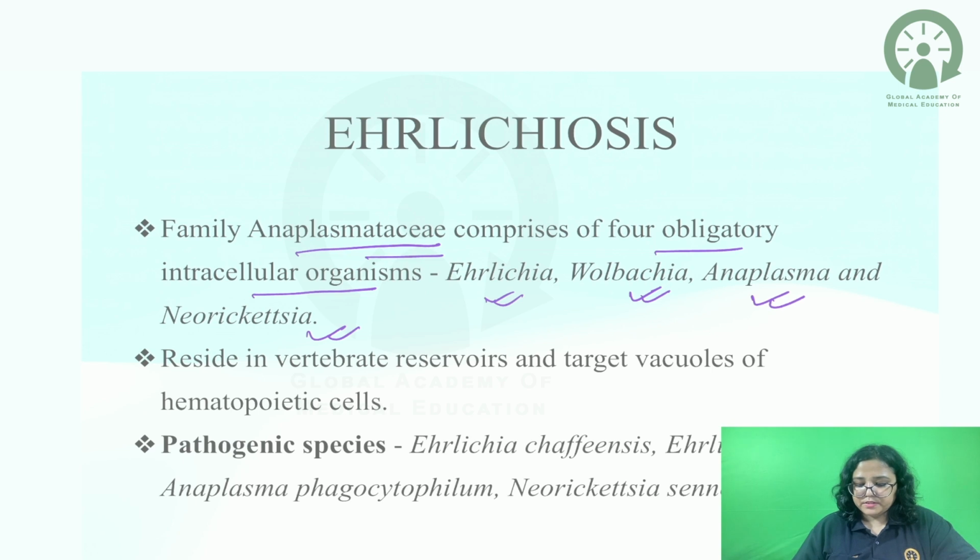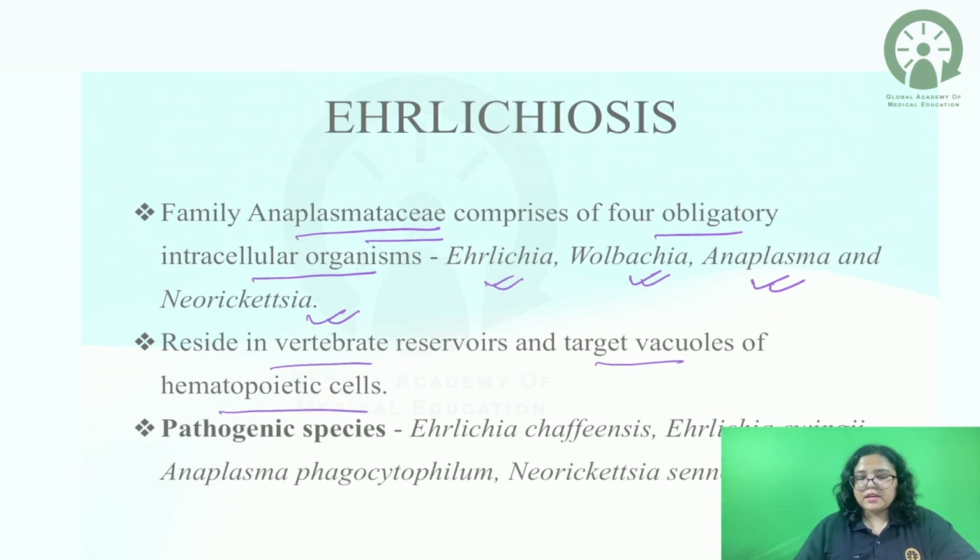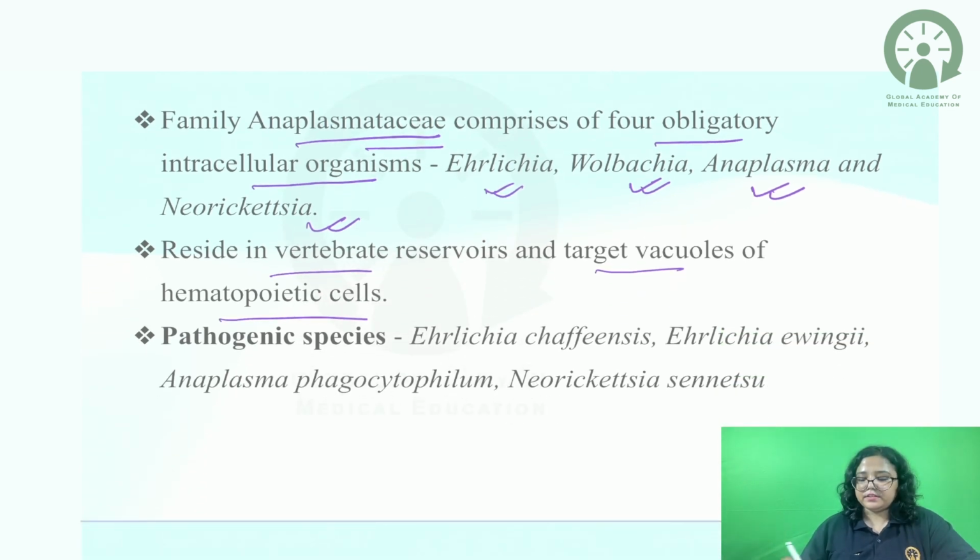The pathogenic species reside in the vertebrate reservoirs and target vacuoles of the hematopoietic cells. The pathogenic species are Ehrlichia chaffeensis, Ehrlichia ewingii, Anaplasma phagocytophilum and Neorickettsia sennetsu.